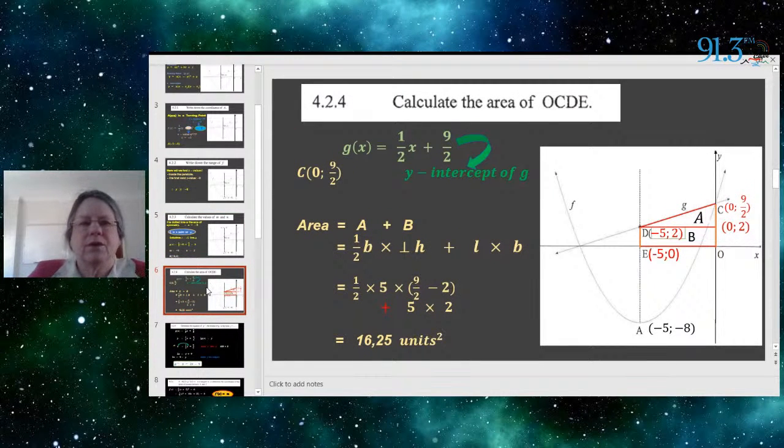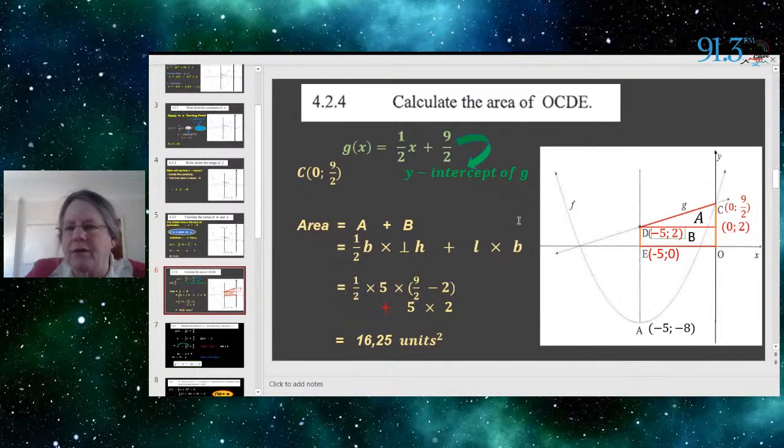Now this normally throws many learners because you don't expect an area question in your first paper. But please make peace with it. They keep on doing it, where they would put, like in quotations, a paper 2 question into paper 1.